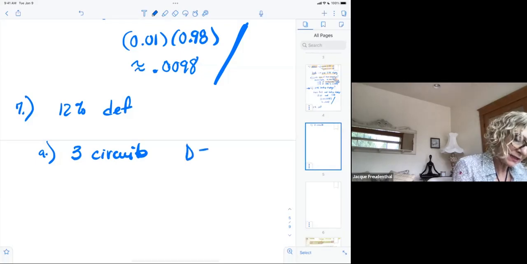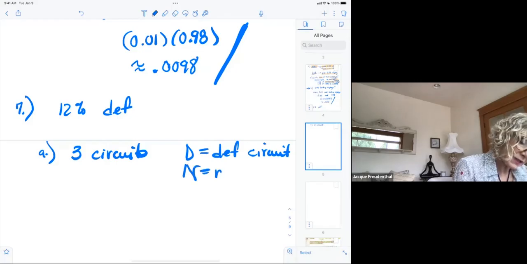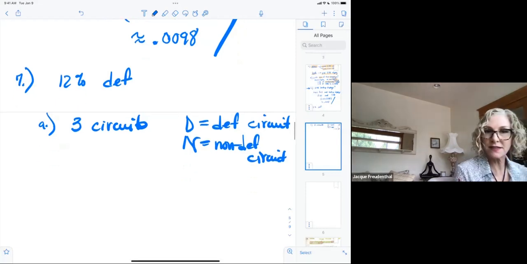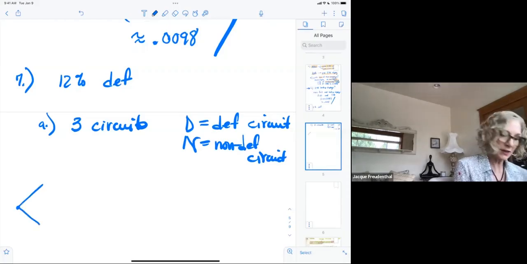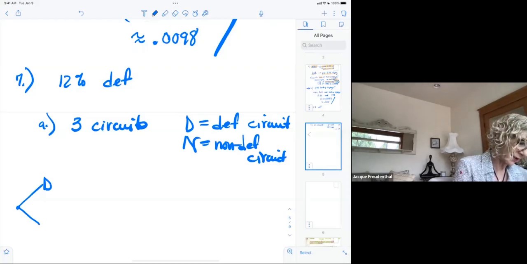So D is a defective circuit. N is a non-defective circuit. So if it's asking me for the sample space, there's only 3 circuits. I can draw a tree diagram. The first circuit is either defective or not defective.